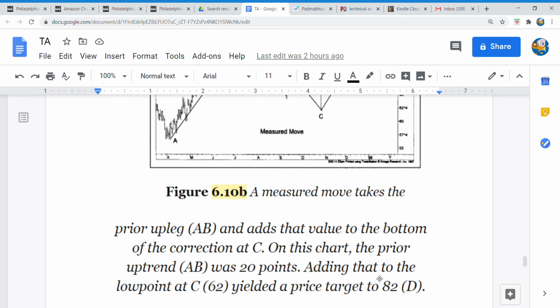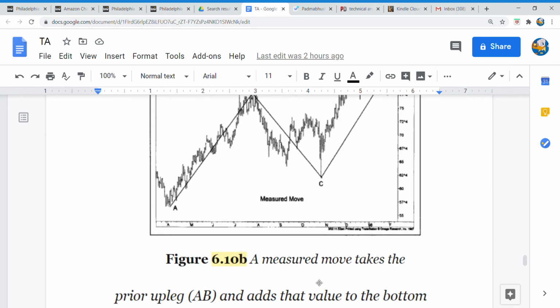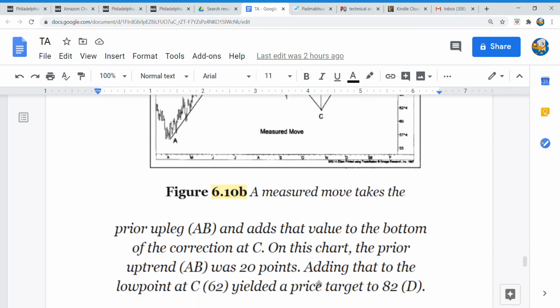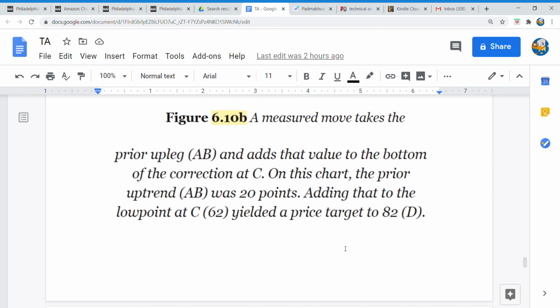Adding that to the low point C, 62, yielded the price target of 82.